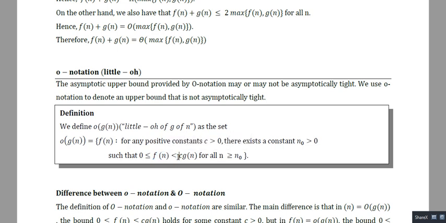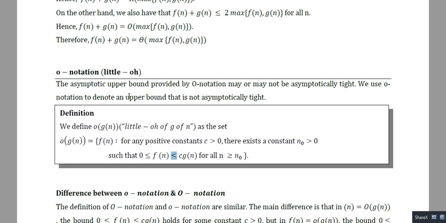One thing you should mark here is the difference between big O and little o. In that case we are writing less than or equal to, but here we are just writing less than. So big O notation gives us the asymptotic upper bound which is tight.